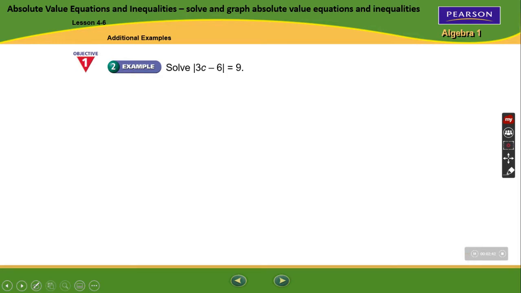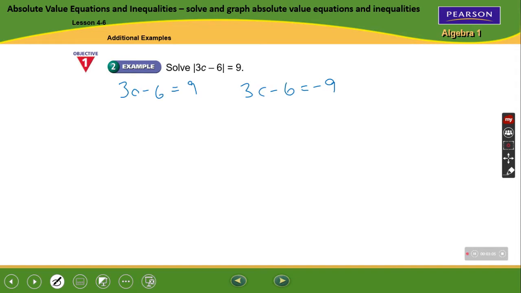Like the last problem, where the absolute value of a equals 8 means it could be 8 or negative 8, this time 3c minus 6 could be equal to 9, but 3c minus 6 could also equal negative 9. Those are the two things that will have an absolute value of 9.